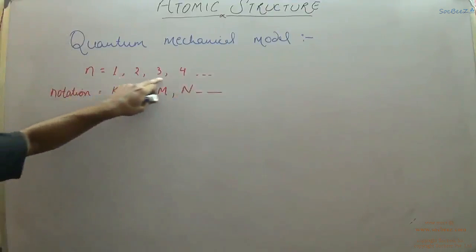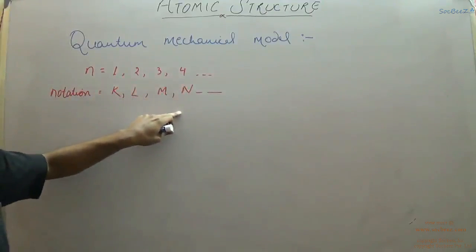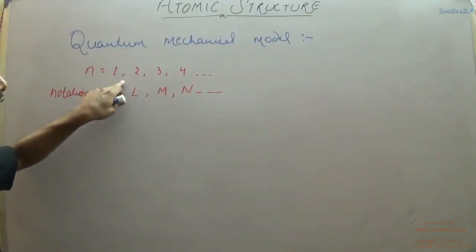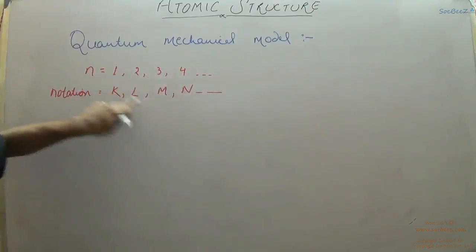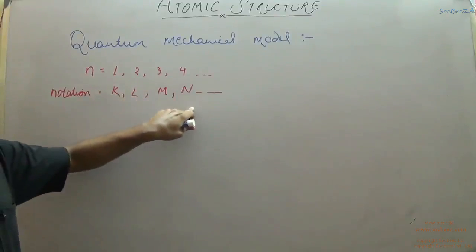This is the mathematical representation and this is the shell notation. We say that the electron is in shell 1 or shell 2 or shell 3 or shell 4, or we can also say that the electron is in K shell, L shell, M shell, N shell.